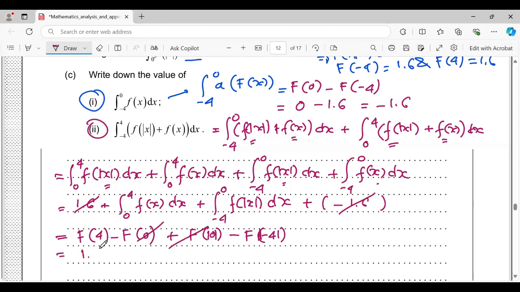This is 1.6. As well, this is minus, because it is an odd function. So it becomes 1.6 plus 1.6. It is 3.2.